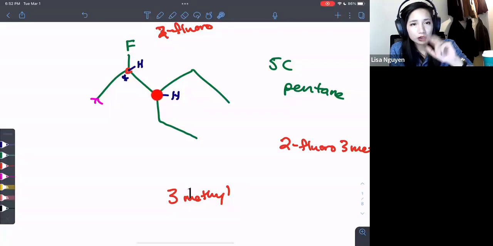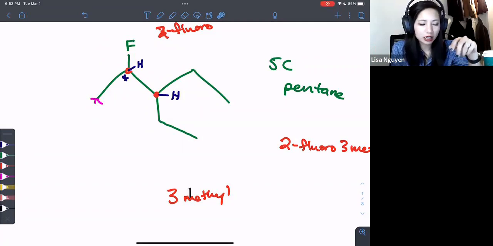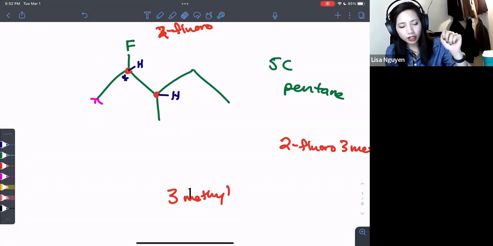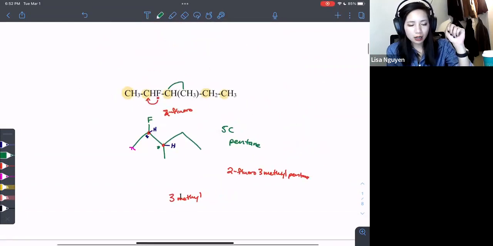Because if we focus on that carbon atom, we have a hydrogen, we have this weird fluorine thing, but then we would have 2 groups hanging off it that are exactly the same. We have 2 ethyl groups hanging off of it. So if this was an ethyl group, then it wouldn't be chiral. All right, so that's how we inspect chirality there.